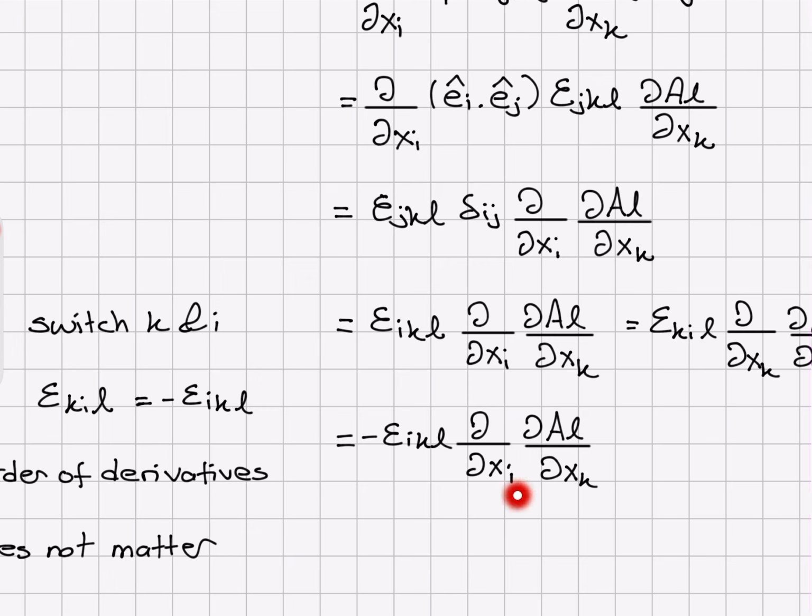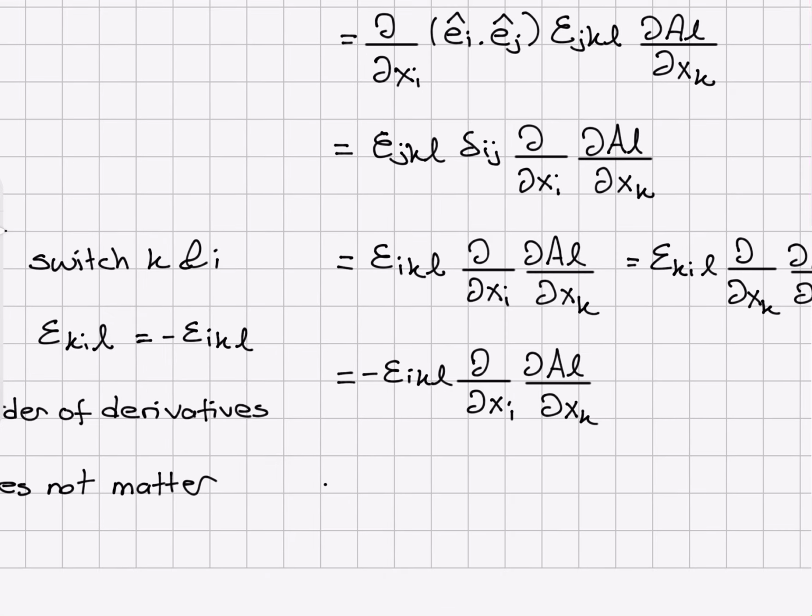Epsilon ikl, partial derivative with respect to xi, partial derivative with respect to xk al. So what does that imply? This implies the following. Divergence of the curl of A must be equal to 0.